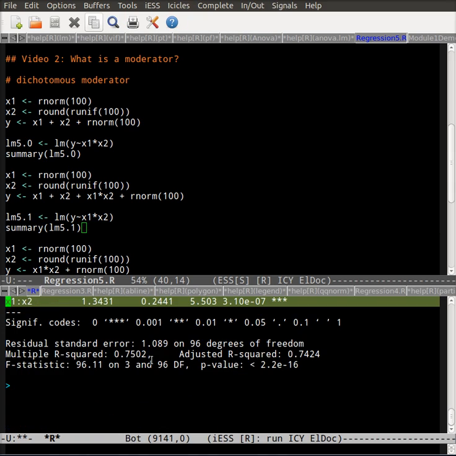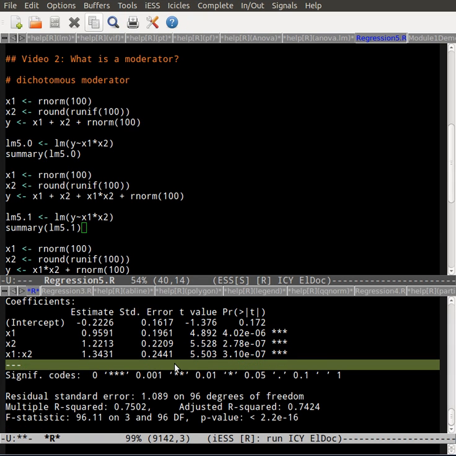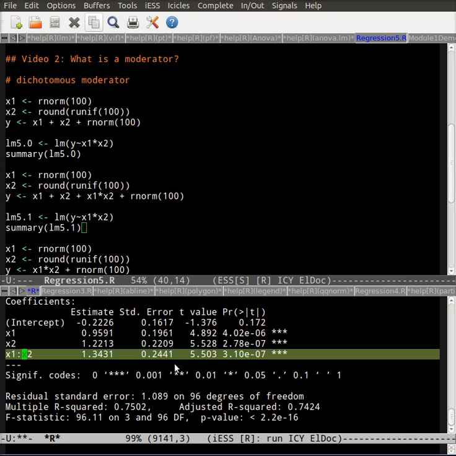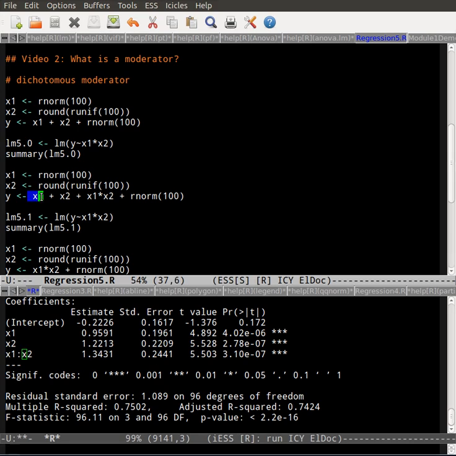What we get is a significant interaction now that we did not get before. Why do we get this? Well, because y is dependent on three pieces. It's dependent upon x1, or upon x2, or upon the combination of x1 and x2. And that's what the moderation is telling us.